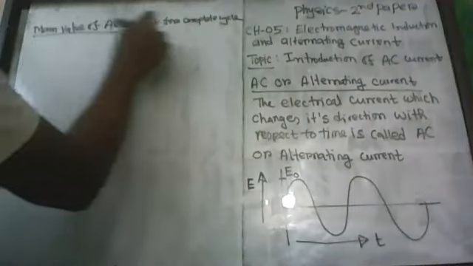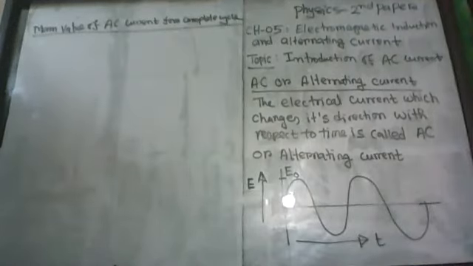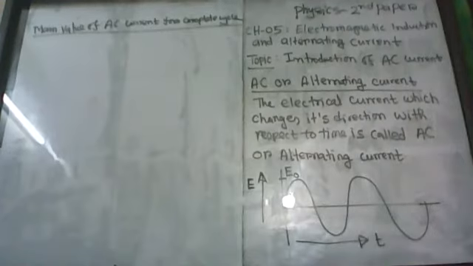For the case of the complete cycle, I'm going to find out the average value of AC current. You see, this AC current changes its direction continuously with respect to time. Since it changes its direction continuously, I'm going to know the value of the average value of this AC electromotive force.